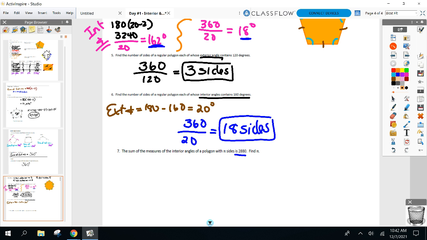We just found an 8-sided figure with 1,080, an octagon. If there's 8 sides, I do.